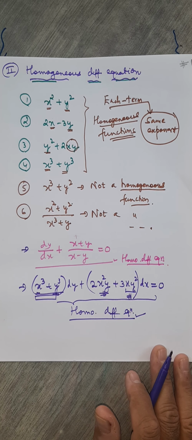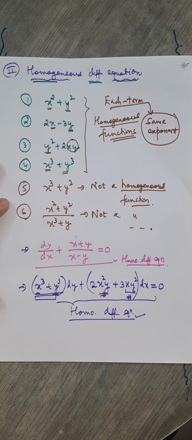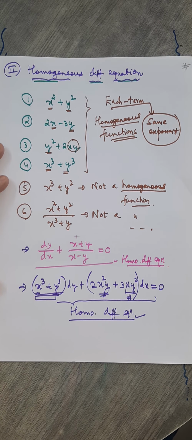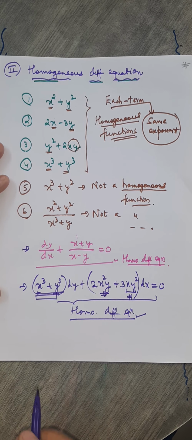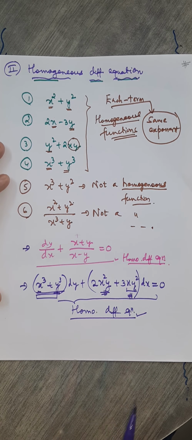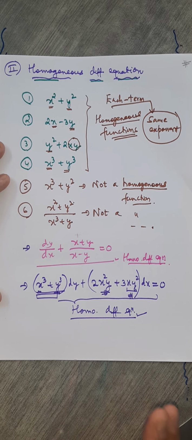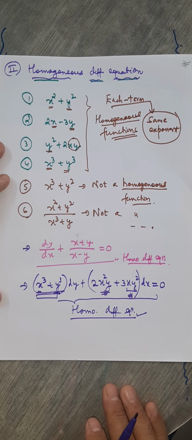Now next exercise 9.5, in that exercise, everywhere you have homogeneous differential equation, just have a look. In each function of two variables, you will find the same degree, remember. Okay, so exercise 9.5 is based on homogeneous differential equation, you will notice.